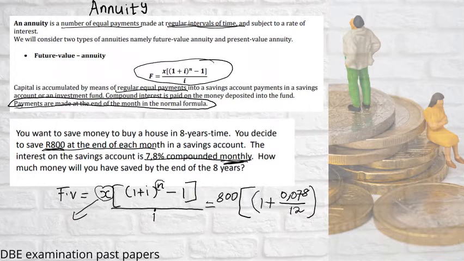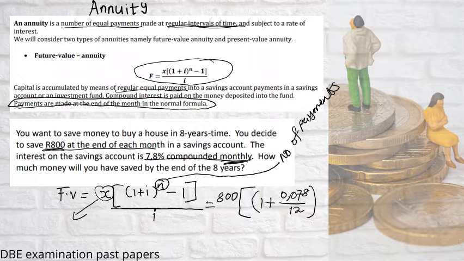So what is n? Most of the learners make a mistake. They think n is the number of years. No. With annuity, n is the number of payments. Let me write it: number of payments that you'll be making. How many payments have you made? Not the number of years, right?